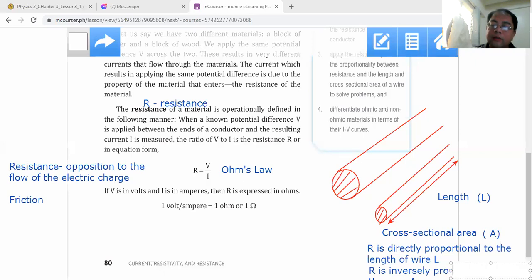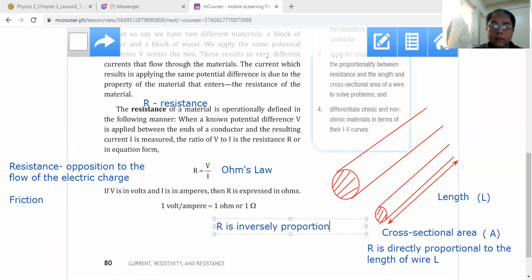Okay, sorry, it got erased. So let me just rewrite this somewhere else. So R again is inversely proportional to area A.